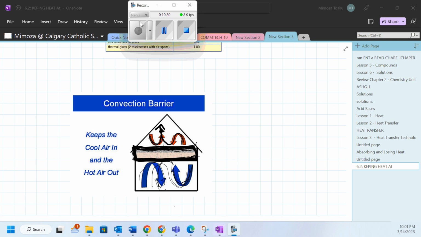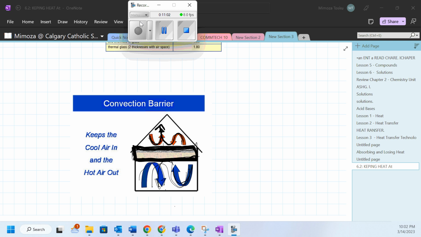Another thing that we even mentioned is windows and doors. Those are the two weak points in the house, and you will notice on those cold days here in Calgary, you touch the wall and probably it's not that cold, but when you go to the window, then it is cold.